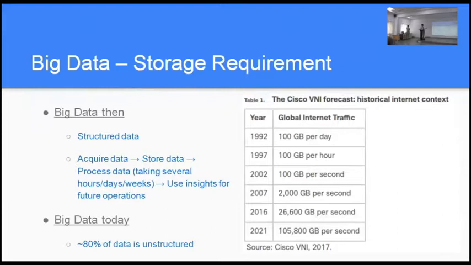Big data, many years back, was supposed to be structured data, data that you could store in, say, relational tables. These are the classical data for, say, banks, when you have accounts and deposits and different queries that you could conduct, or even data about students in a university. You could store them in databases, query them and get information.